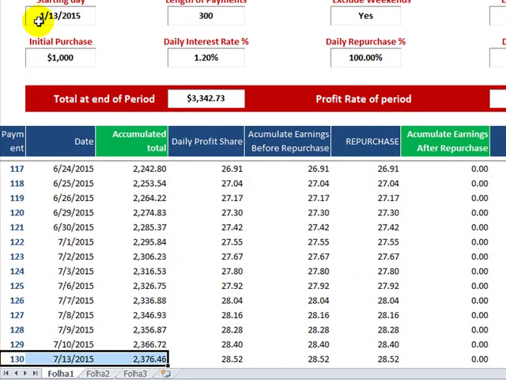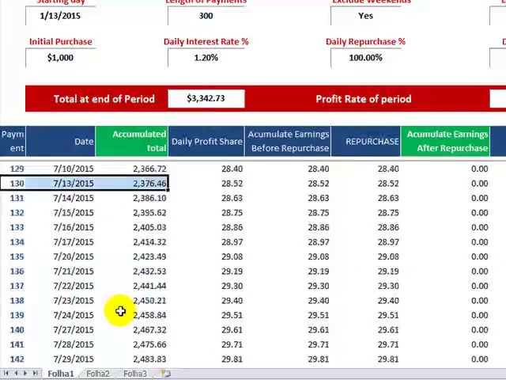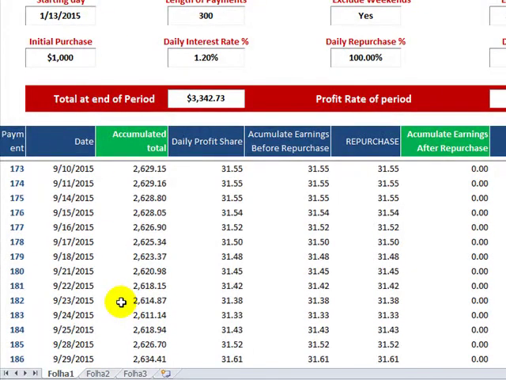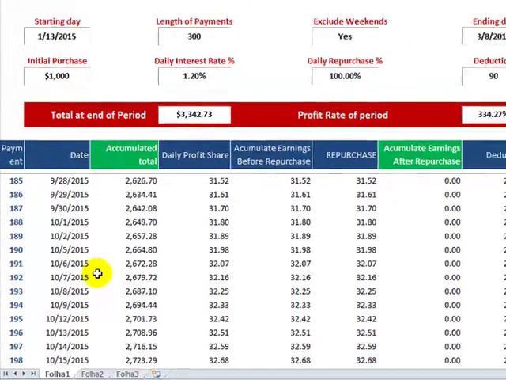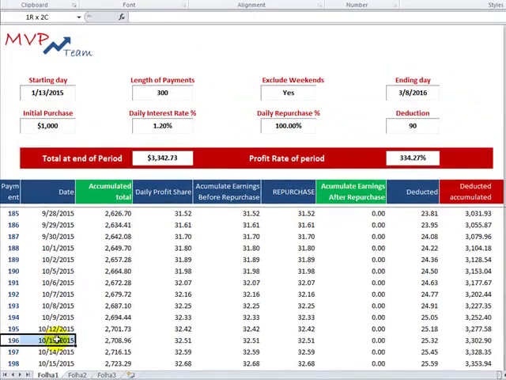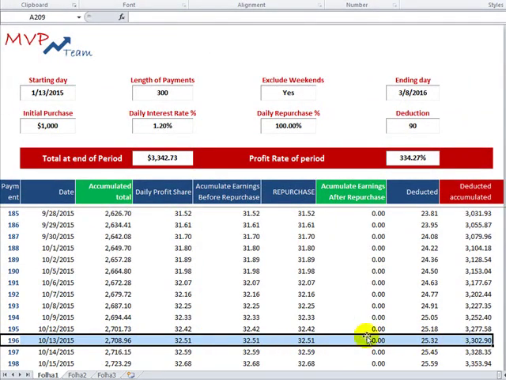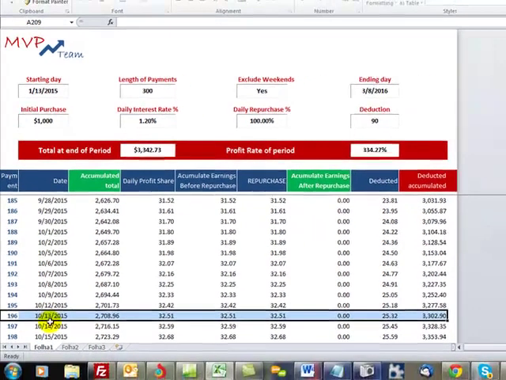So 9 months would be October 13. Let's scroll down to October 13. That's what's amazing about this, is that with the spreadsheet, you can do this. So it would be on the 196th payment and 9 months, leaving your money in there, which is October 13, right?